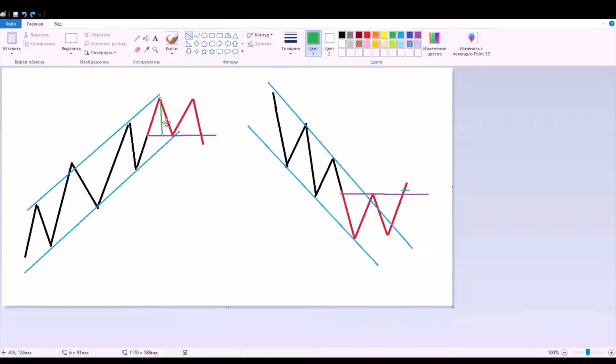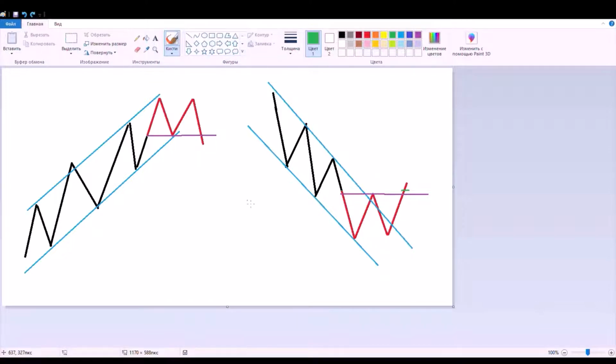We take the height, we apply it from the neckline, and here is the move that we can expect. We can take our profits here, here, here, never mind, but in 80% of the cases the price reaches this target.